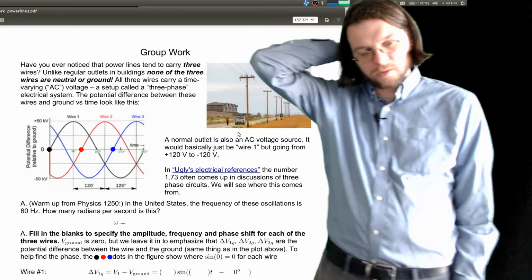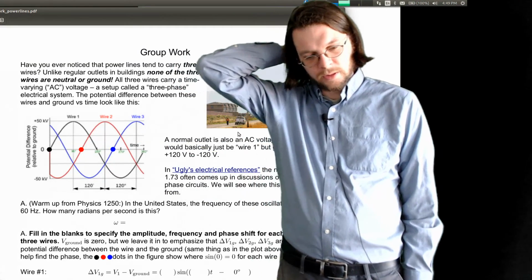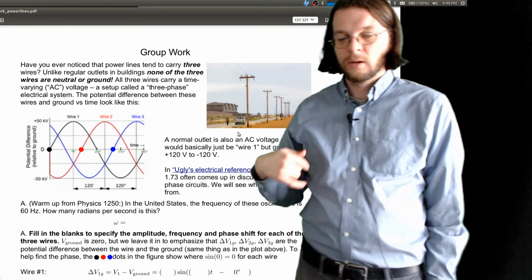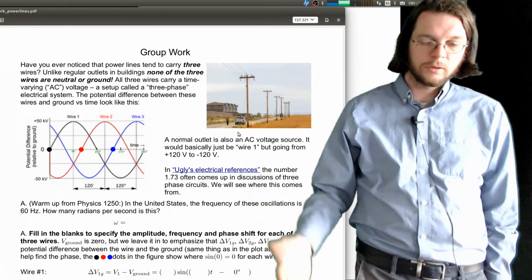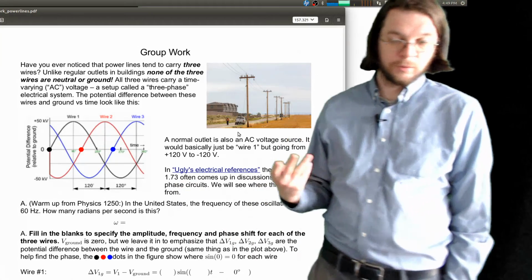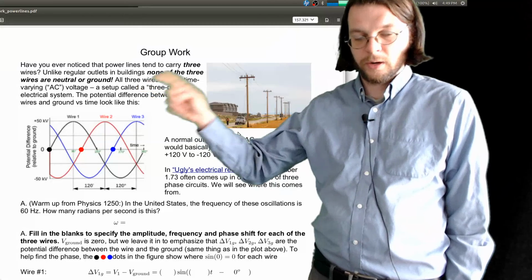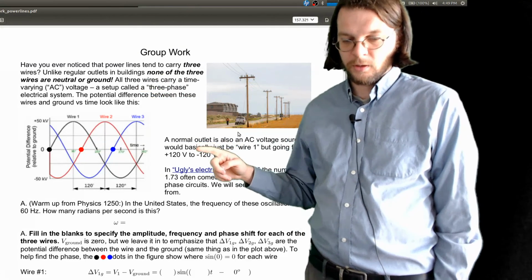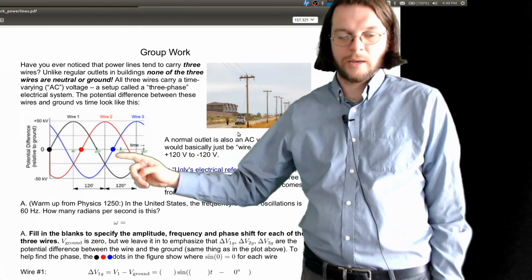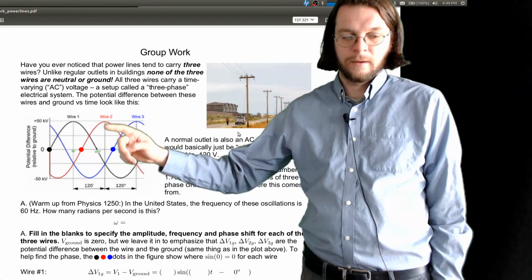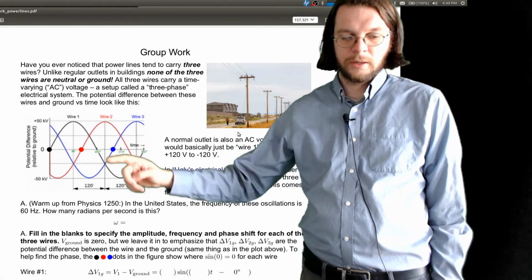And so if you read about three-phase power, you'll hear there's this extra factor of 1.73 that often comes in. For example, for 120 volts, if we were in the classroom, I could point to you at the fuse box and say, you see how it says 208 volts there? That's because it's 120 times 1.73, and it has to do with the difference between here and here all the way down to here.